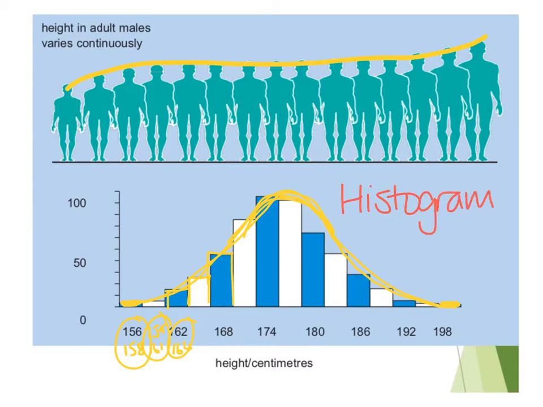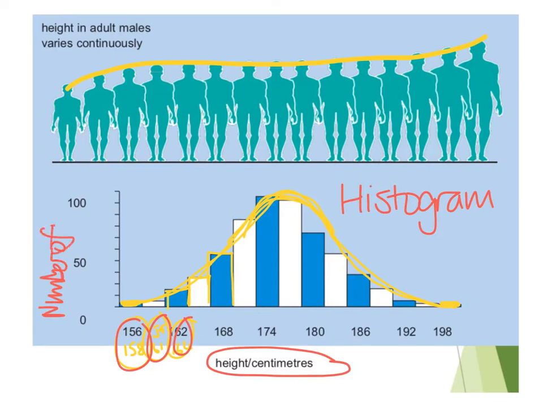Now, you probably learnt in maths that in a histogram, the size of the bars or the blocks, or the area of the blocks, represents the number of, in this case, people in the population. But the key thing when you're drawing histograms is that you must have a label and then the different categories there, and along the vertical axis here it should say the number, in this case it's adult men.